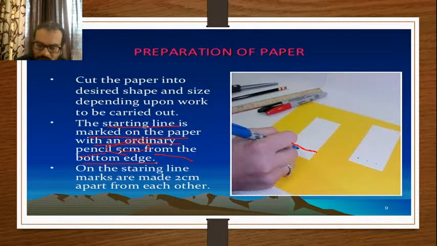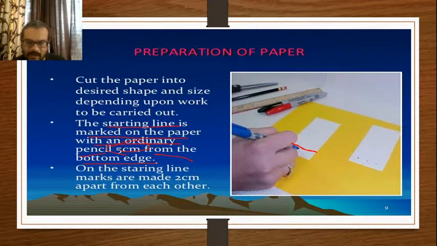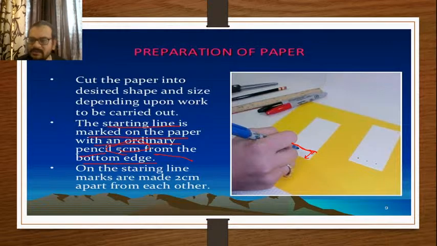It may depend; in case of TLC which you performed last year, we maintained 1 to 1.5 cm as the baseline or starting line. The same can be employed in paper chromatography, but for most practical purposes you can use 5 cm as the starting line or the baseline.